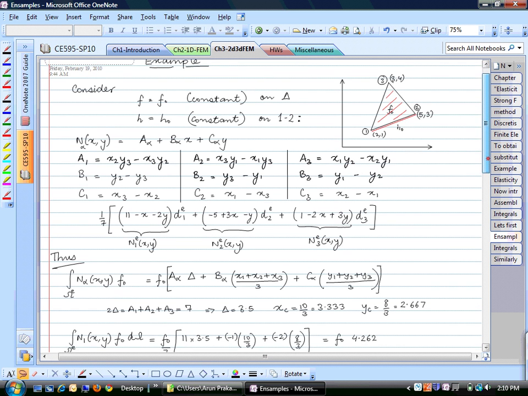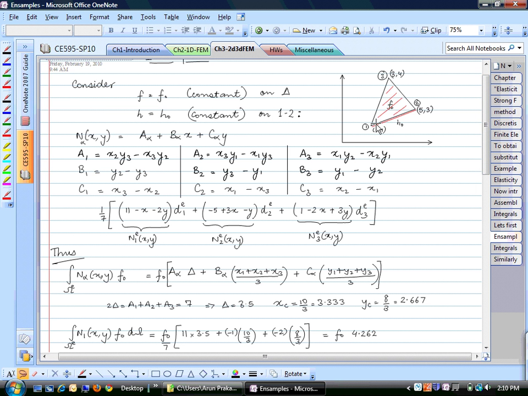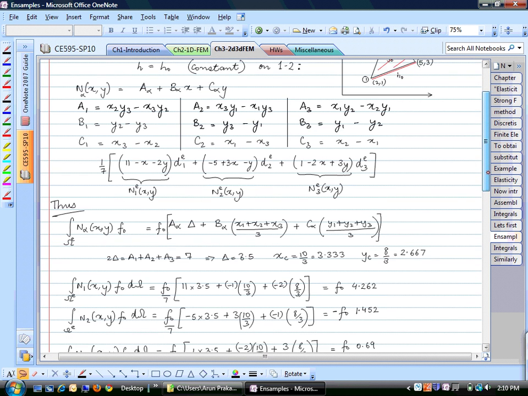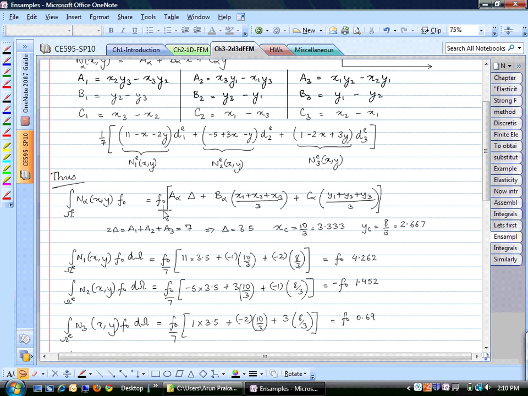So using this fact, now we try to calculate all our force vector integrals. So if you write this out using the same formula that we had before, I think there is some error in this calculation. So we are missing a 2 here, is that right? And there should not be a delta here.